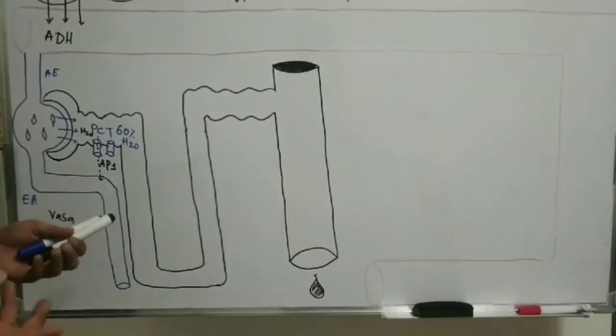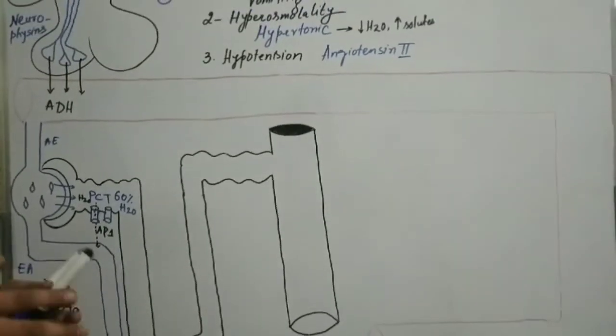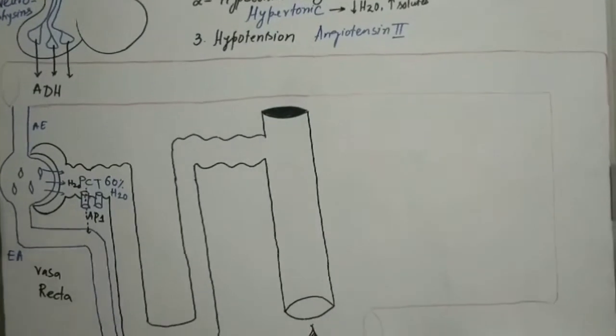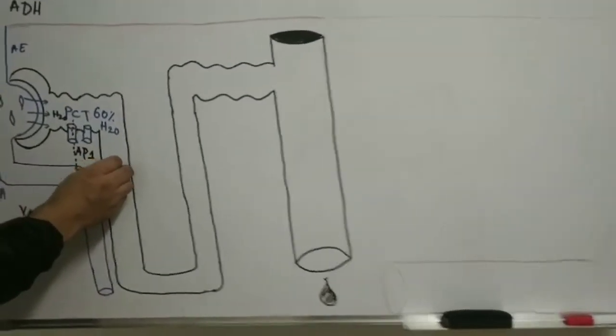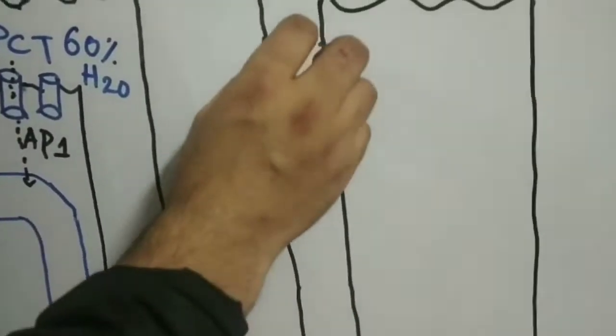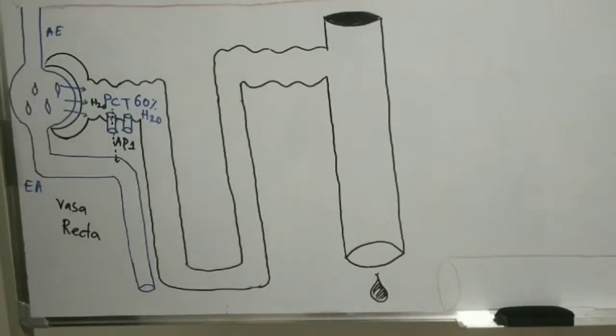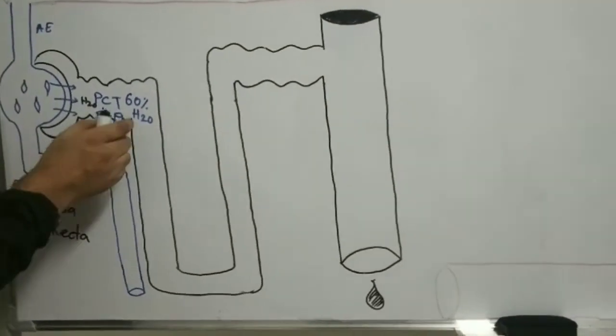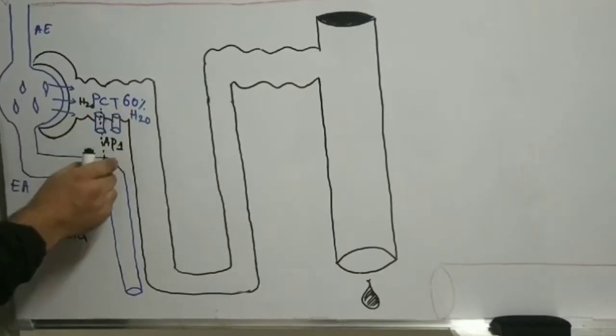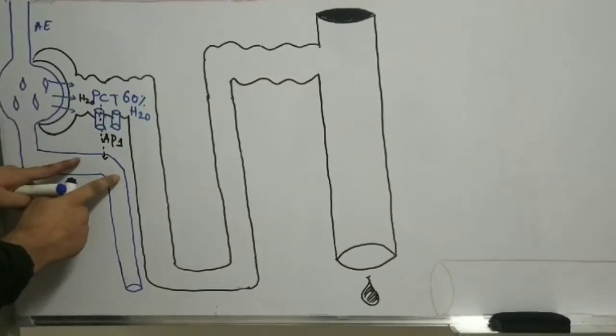Concentrated means more solutes and less water. Now, the fluid which is flowing through this nephron is diluted. It means it contains more water. Now, 60% of the water is reabsorbed back into the blood.